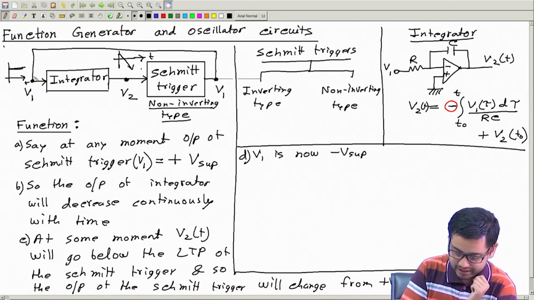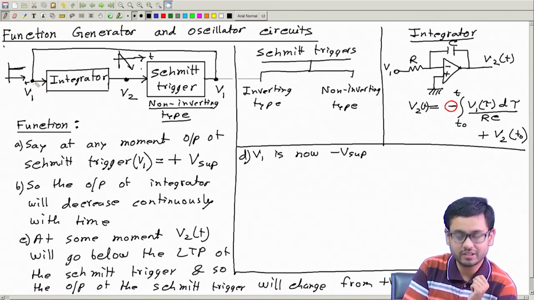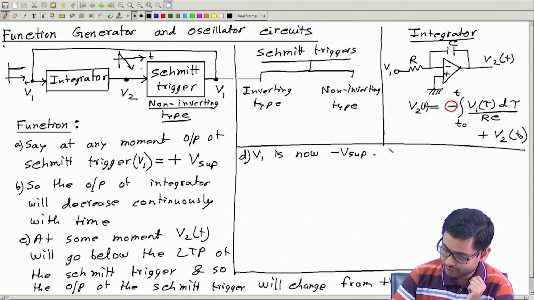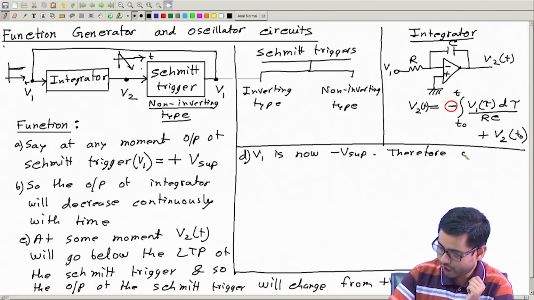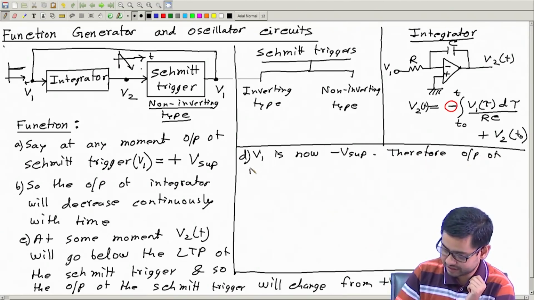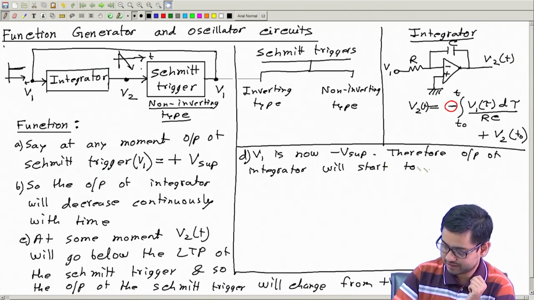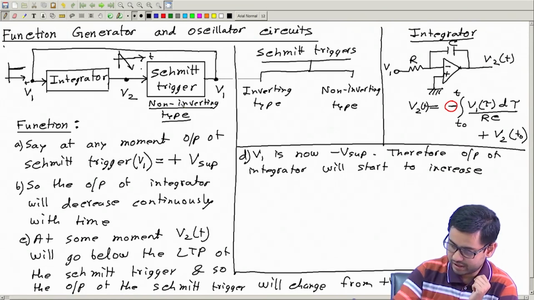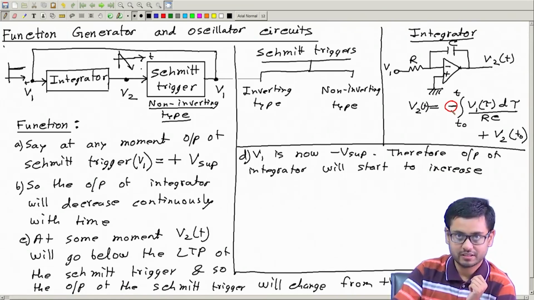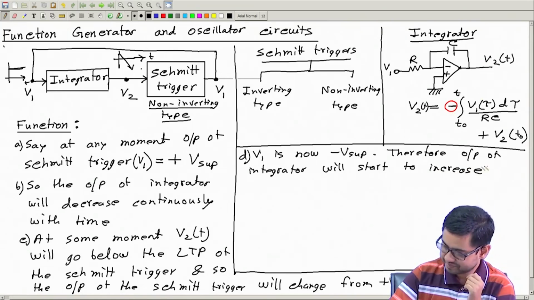And so, what will happen? If a negative input is coming here, the output of the integrator will start to increase, because of this minus sign. If the input is negative, output goes up.